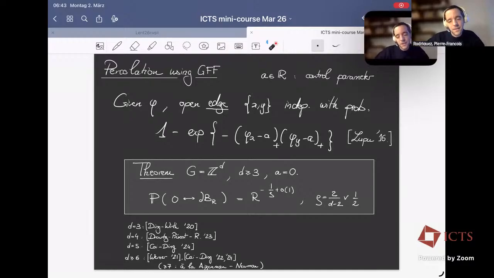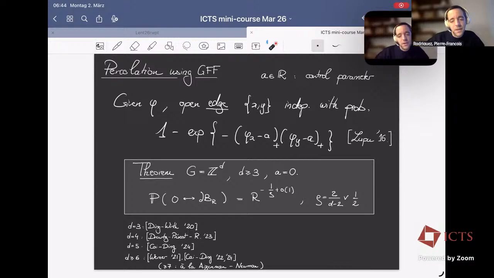And in dimension 6 and higher, there was a paper of Werner which actually started all of this, which was about dimension 7 and higher, and then Sabot and Tarrès picked up on that. So that's the first paper from 22, and then more recently at the upper critical dimension, they were able to prove this as well.